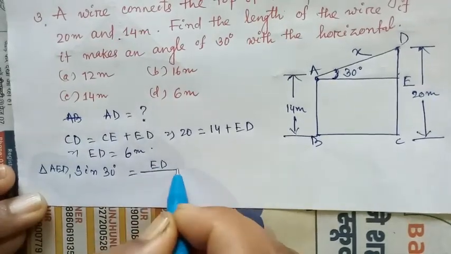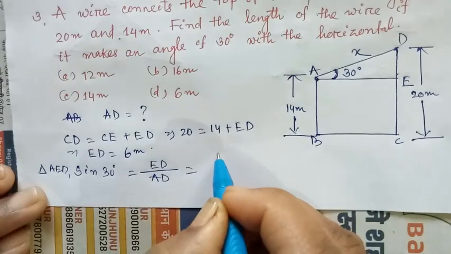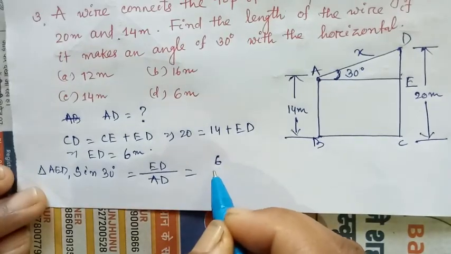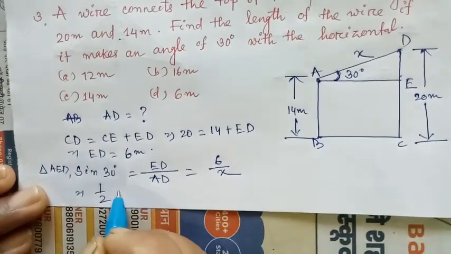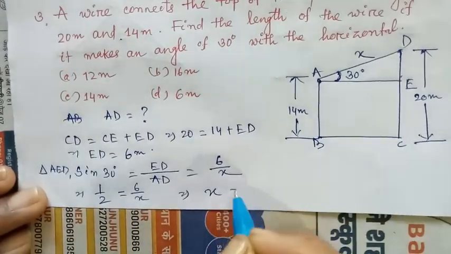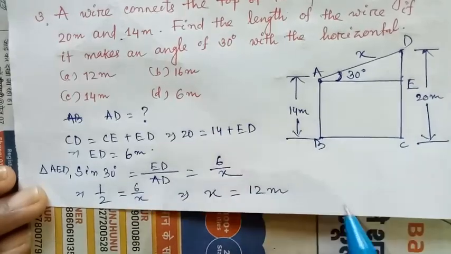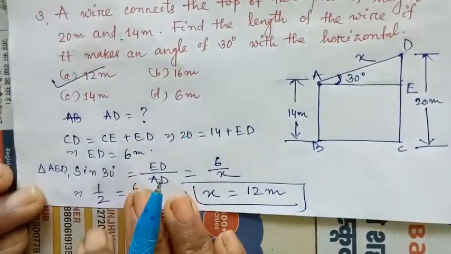ED upon AD is equal to, and this is 6 upon x, and sine 30 is how much? Half equals 6 upon x. That implies x is equal to 12 meter. Yes, option A. Okay.